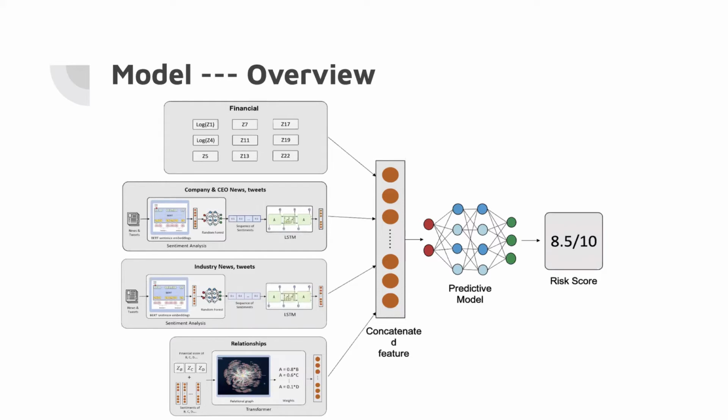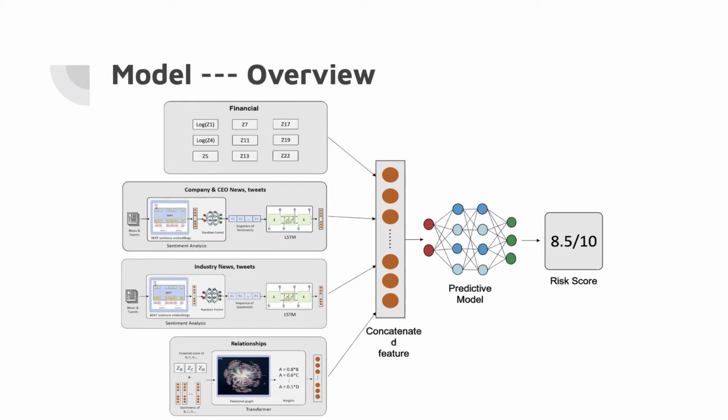Okay, now here comes the model, and we want to show you the overview of our model. After collecting all the data, we need to do some data pre-processing before really putting it into the training model. For financial statements, it's easier because they are already numbers, so we can simply put them into vectors.